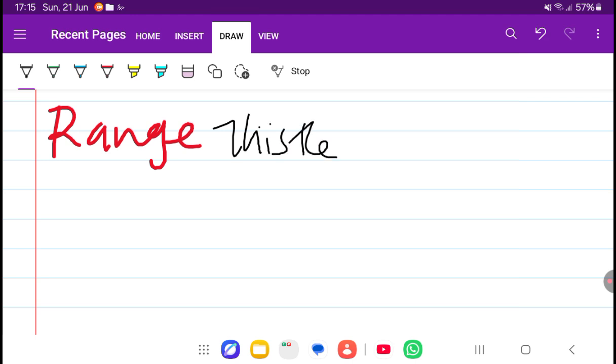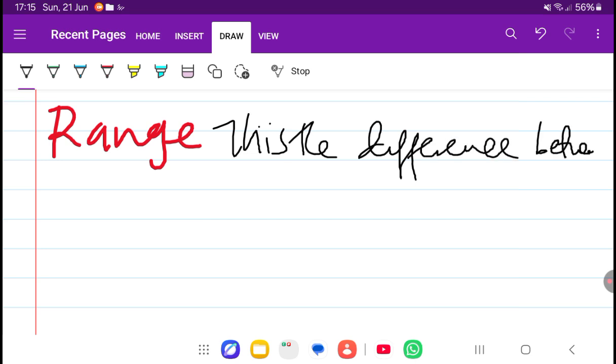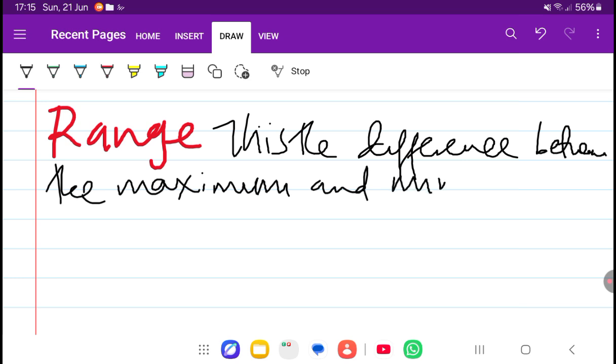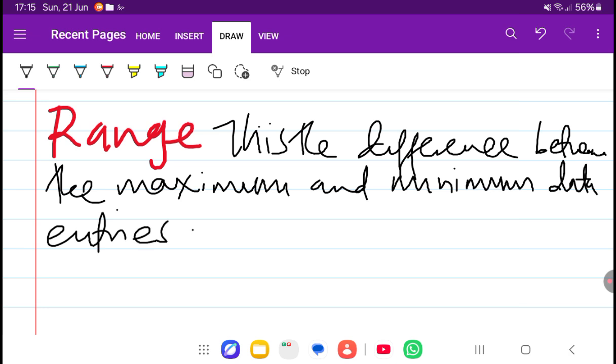This is the difference between the highest maximum and the lowest data entry. So the difference between the highest value and the lowest value is what we call the range.